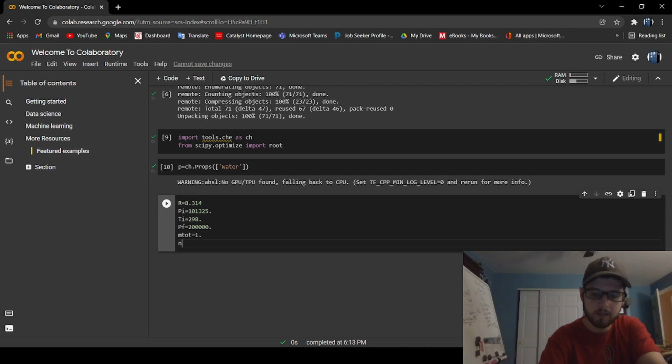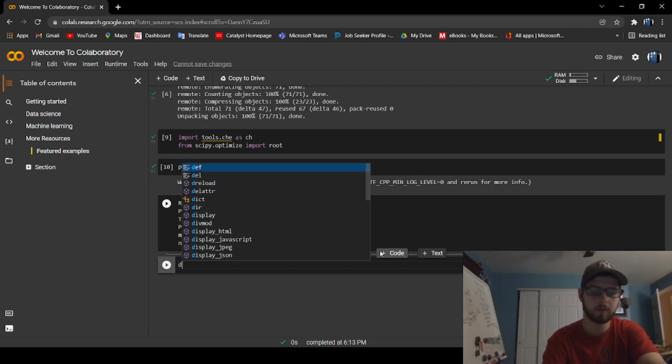And then NWF, which is number of moles of water final, is equal to 0.3 moles.